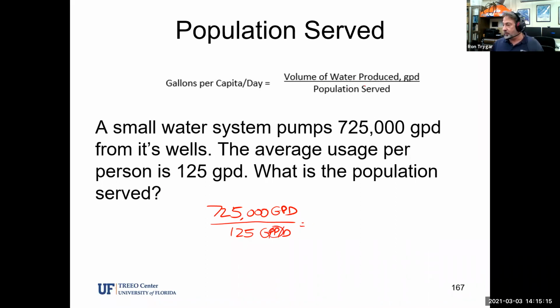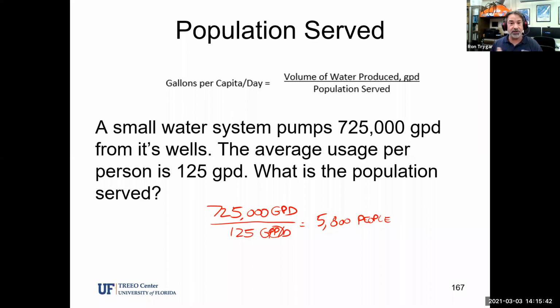So this is a little bit different than what's shown on the top of the slide. We're just reworking this formula a little bit. So 725,000 gallons per day, divide that by 125 gallons per person per day. And guess what we end up with? 5,800 people. So that would be our estimated population.